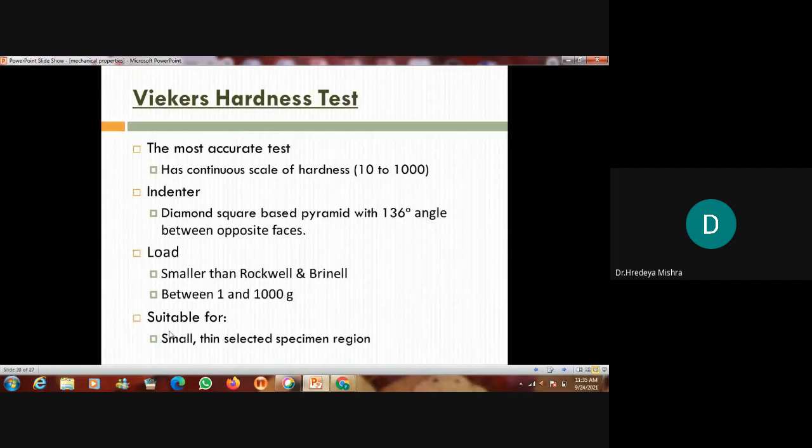The load limit is a maximum of 1 kg for checking hardness. It is suitable for small, thin, selected specimen regions. So for measuring the hardness of a small or thin component, we use the Vickers hardness test.